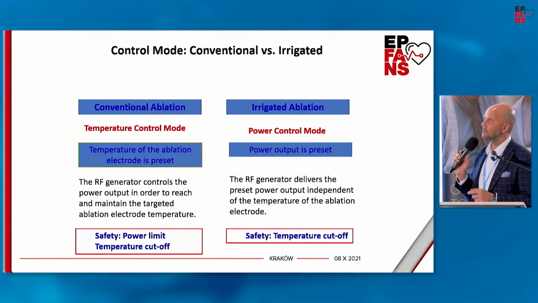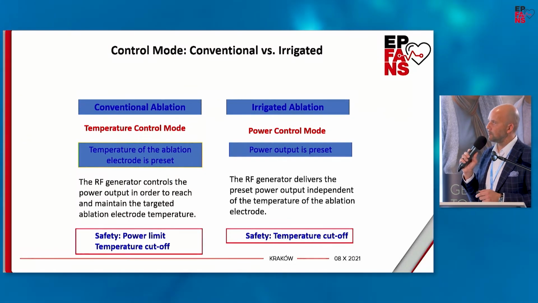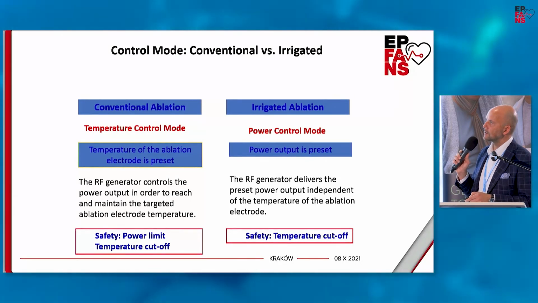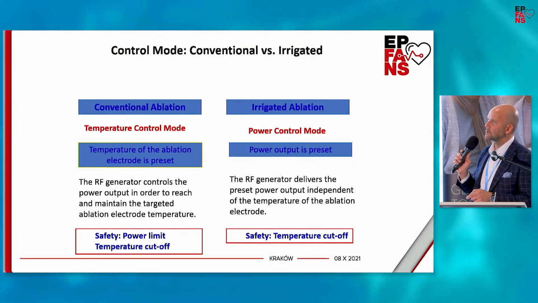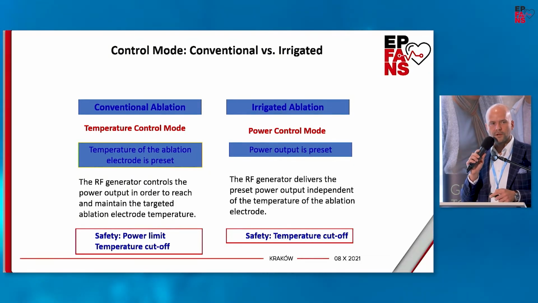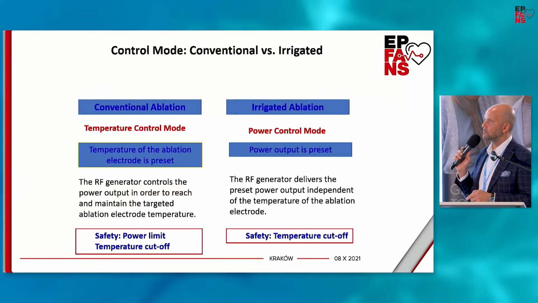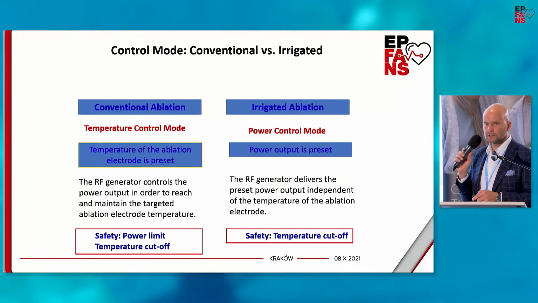And now, some comparison of conventional and irrigated ablation. With conventional ablation, usually temperature control is used. The RF generator controls the power to reach and maintain the target temperature.